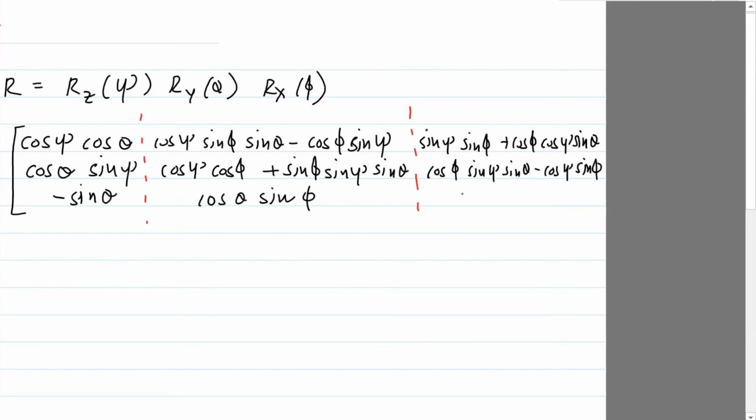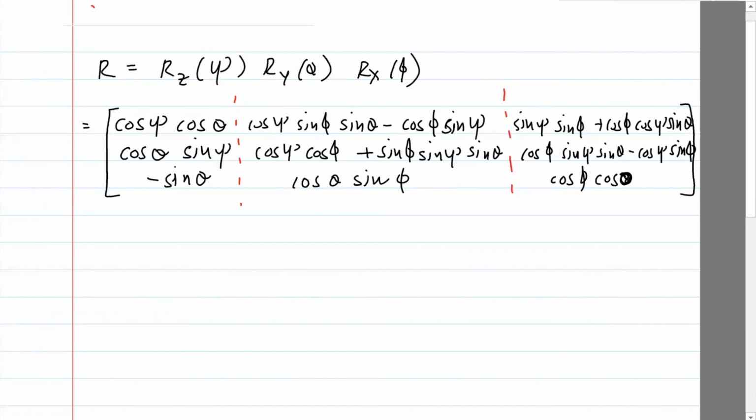Okay, and then cos phi, cos theta. Okay, so those are the 3 rows, 3 columns of the rotation matrix.